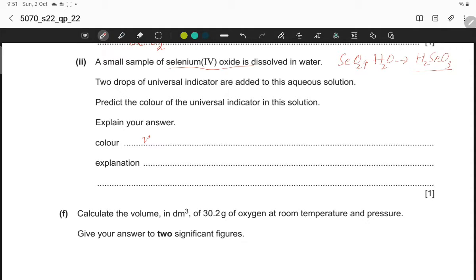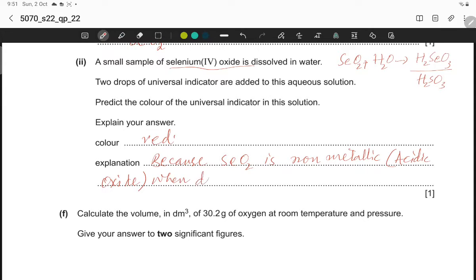This is an acid, and it is like H2SO3. So the universal indicator turns red. The explanation is that SeO2 is a non-metallic or acidic oxide, and when dissolved in water it forms an acid.